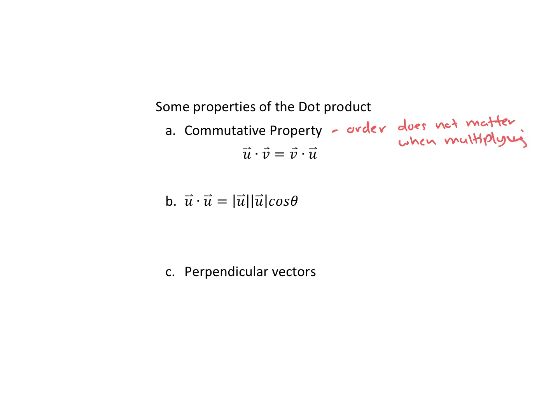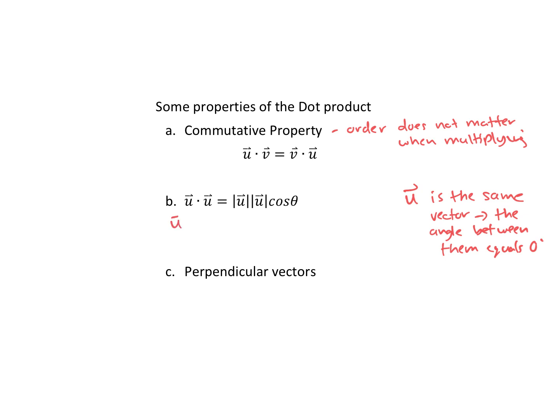The second property: u dot u, what does that equal? Well, u dot u is the same vector. So if I'm multiplying u dot u, multiplying it by itself, the angle between them would be 0. So that equals 0 degrees.